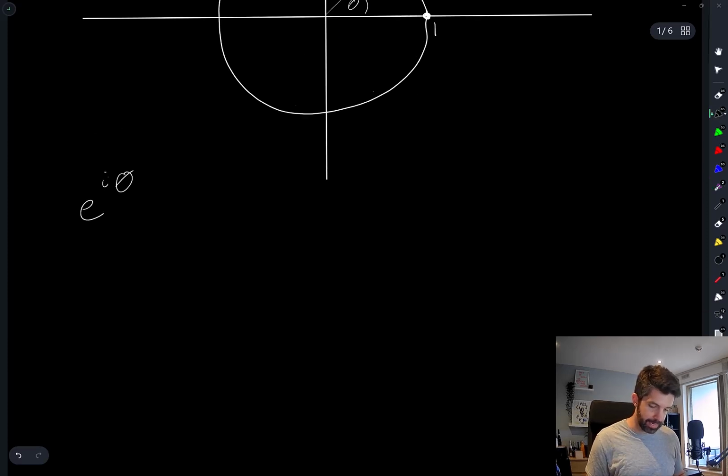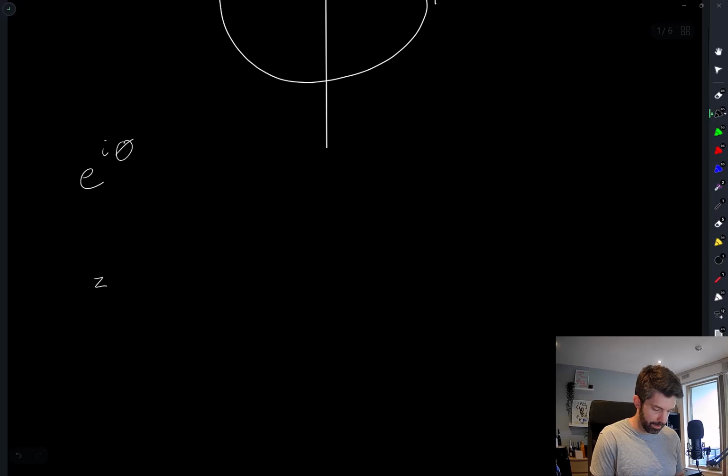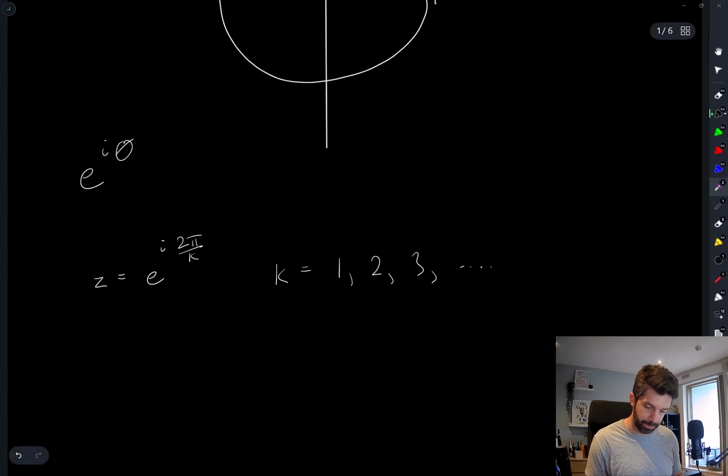If I take a number z, which is e to the i times 2 pi over k, and k is any positive integer, 1, 2, 3, any positive integer.